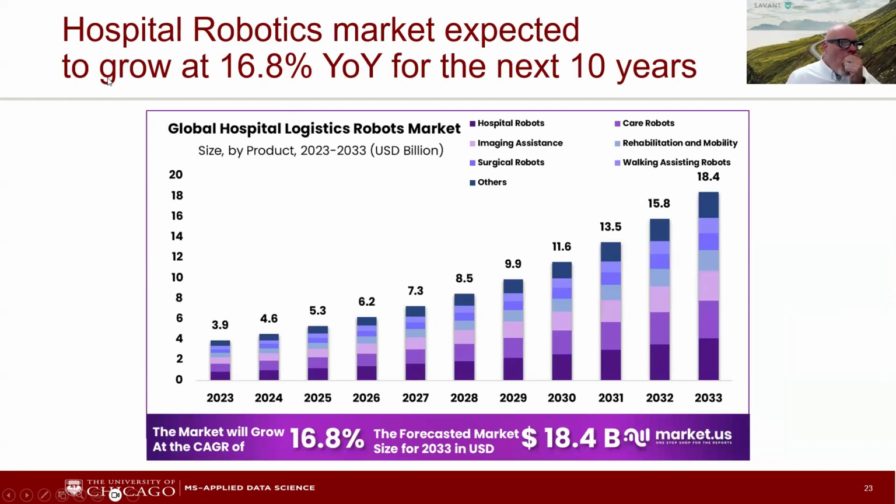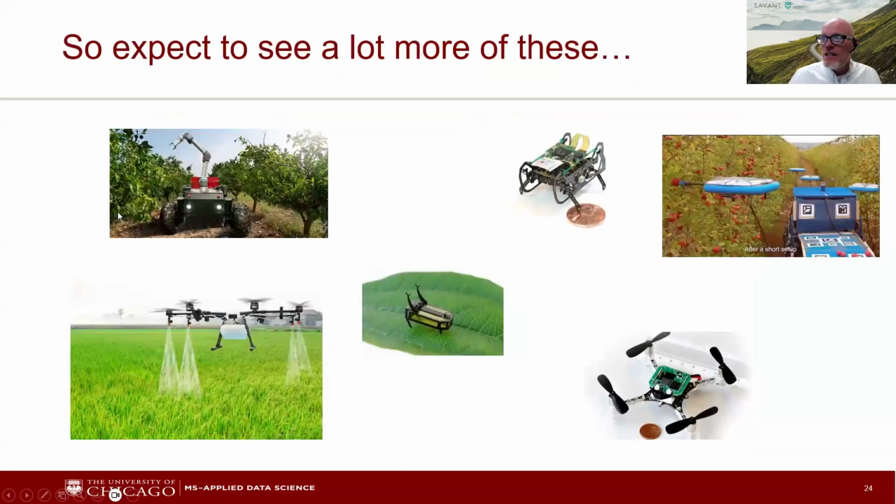So I don't know a field of robotics that is not more than tripling in the next 6 years. That is an amazing growth cycle, almost never seen in industries. It tells you we're onto something. So, expect to see a lot more of these.